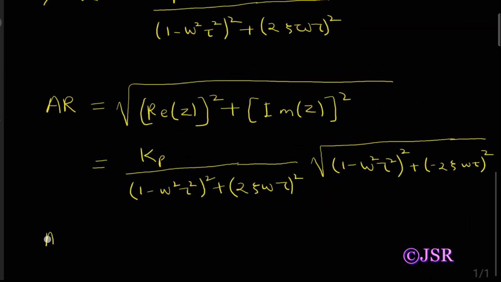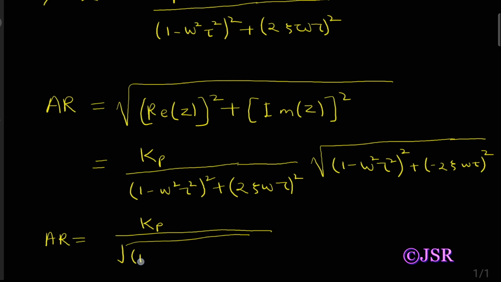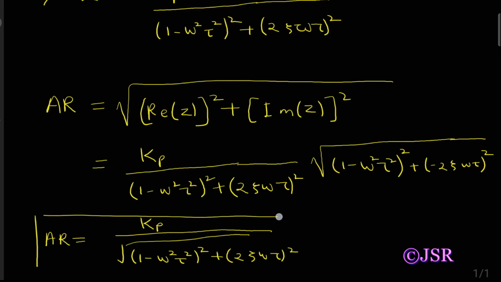So finally the amplitude ratio will be equal to Kp upon square root of 1 minus omega square tau square whole square plus 2 zeta omega tau whole square. This is the amplitude ratio, equation number 2.